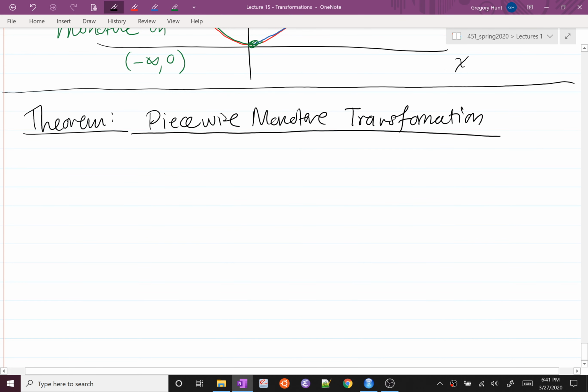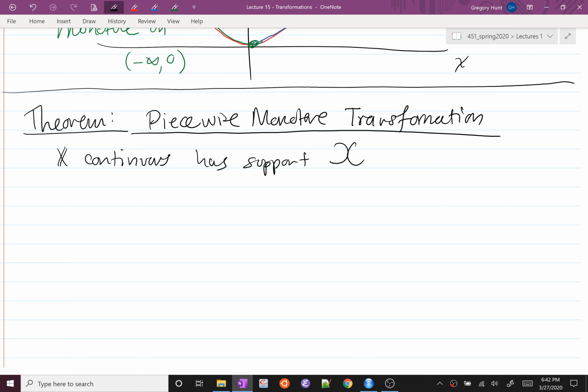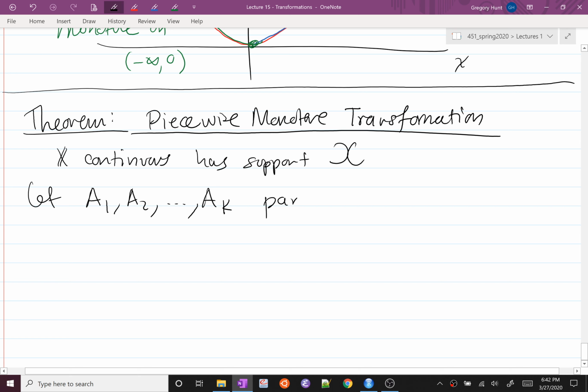So what do we want to say? X is continuous and has support, let's say fancy X, the cursive X, is our support of X, and let a1, a2, all the way up to aK partition the support of X.